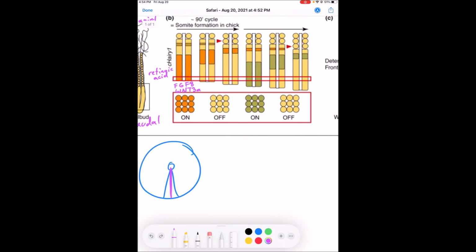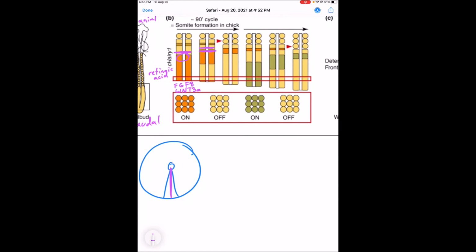But then the orange zone is going to move forward, so the expression of notch here is going to induce the expression of notch here. So now this part is going to be part of the zone, and the expression of notch here is going to induce the expression of notch just cranial to that. So it's going to move cranially, and after a while it gets tired of expressing notch. That's why you see this blank area over here.